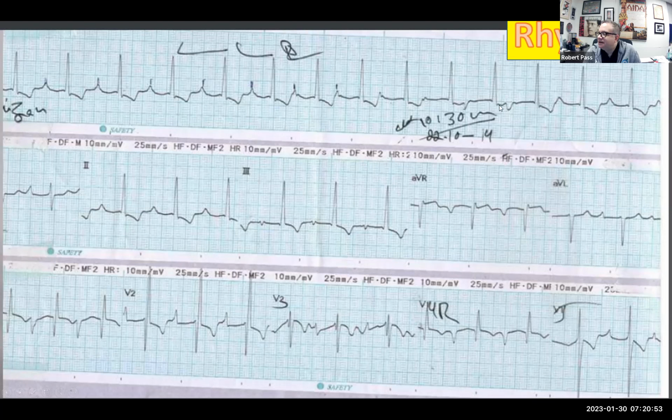And yet the PR is really long and it never really blocks. So it's hard to say with just a strip or two here, but it's either high grade, second degree block, or maybe even third. We would want to see a little longer strip than this, but it's an interesting tracing.